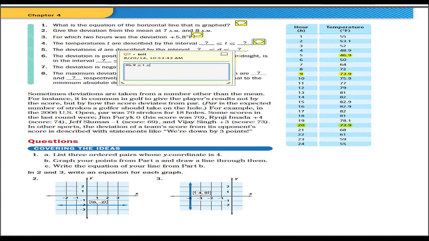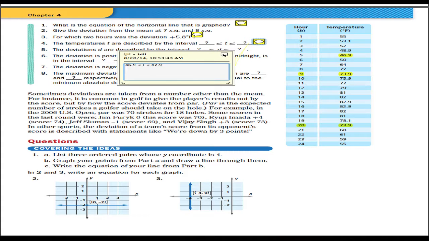I was just underlining that real quick. Now the highest is going to be middle of the day, so 82.9. This is the interval that describes our temperature for the day, and this is degrees.